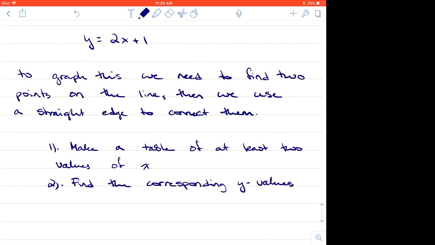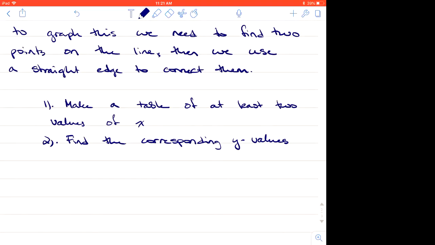Okay. So you've picked your x's strategically, and then you solve for the y's that link up with that. And then you're going to plot those points. So plot the xy coordinates. The xy coordinates are also called ordered pairs.